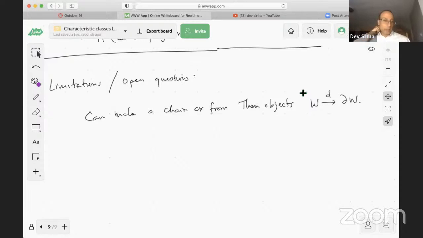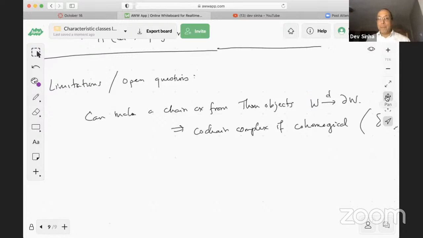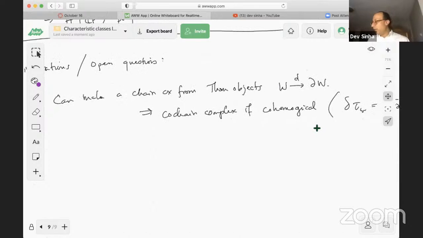That's again Stokes theorem giving you this would be a cochain complex if we're working cohomologically. That's because the coboundary of tau W is minus tau boundary W. But it's a little tricky.